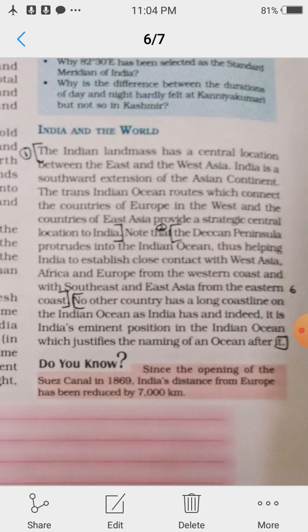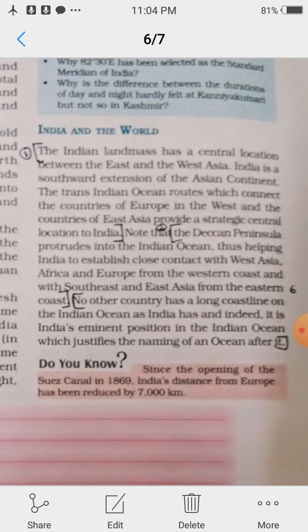It means India has commercial and other contacts with the rest of the world: with West Asia, Africa and Europe from the west coast of India, and with Southeast and East Asia from the eastern coast.